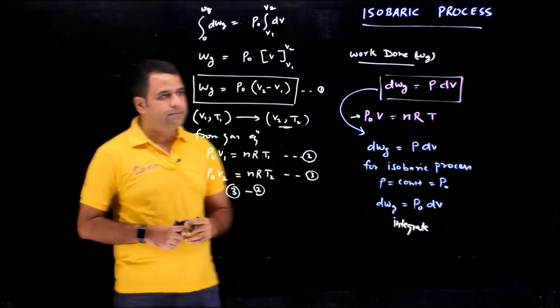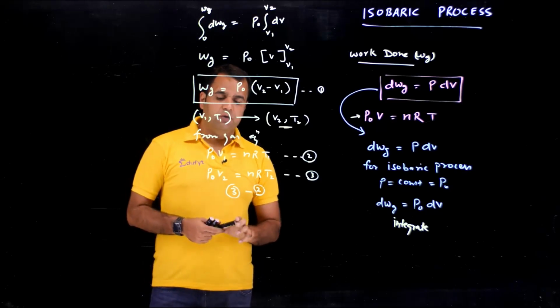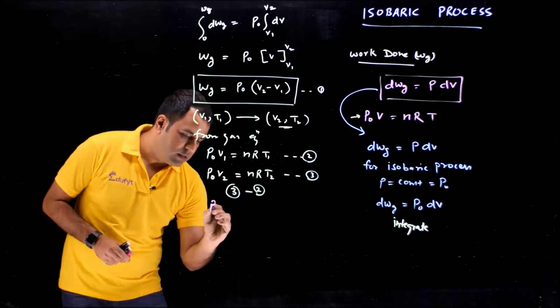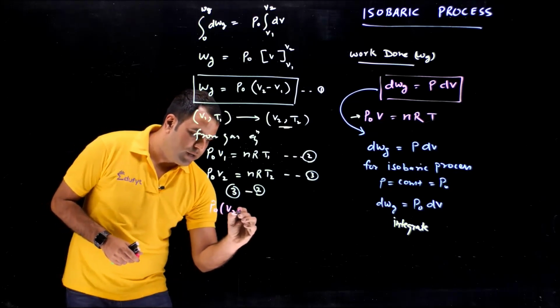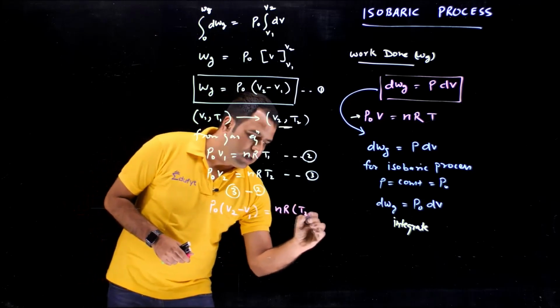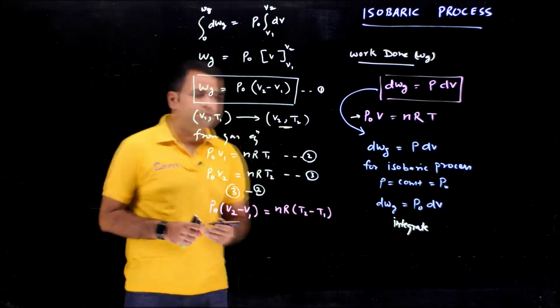If we subtract equation 1 from equation 2, we'll get P naught (V2 minus V1) equal to nR (T2 minus T1).